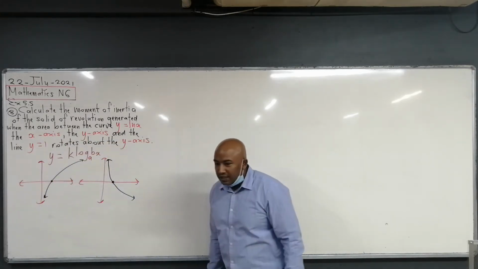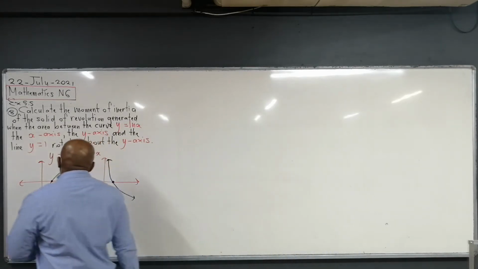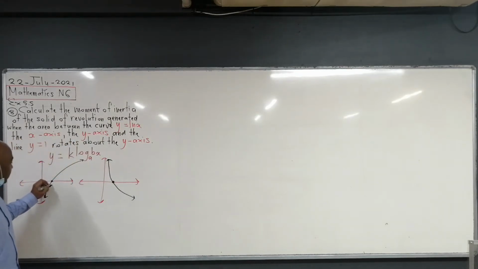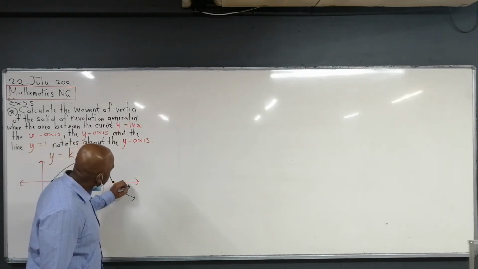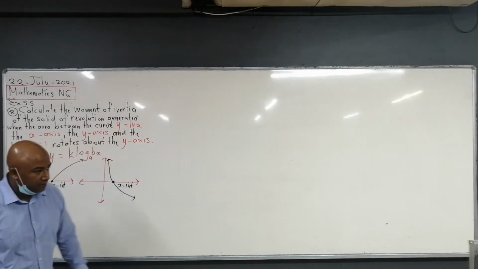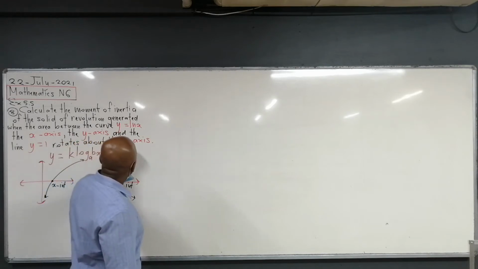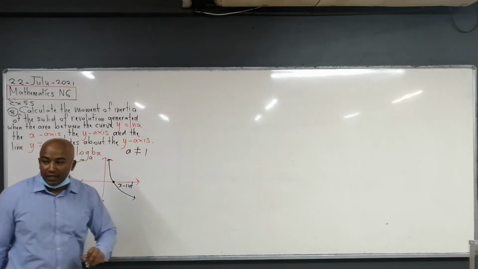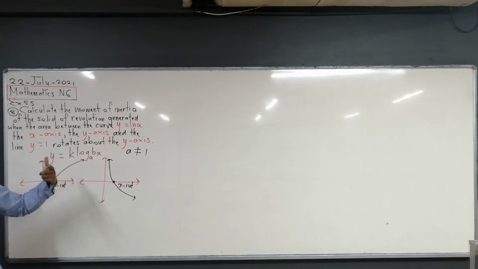So now, what determines the shape of the graph? Remember that this is your x-intercept. For your log graph, first of all, a must not equal 1. The base of the log must not equal 1 because log of 1 is equal to 0, and if you use the change of base law, you'll get a denominator of 0, which is undefined.